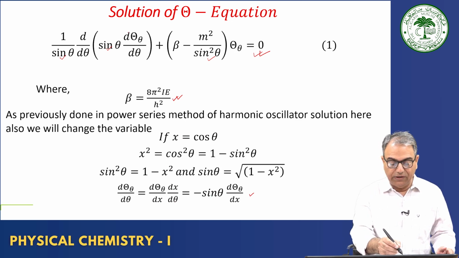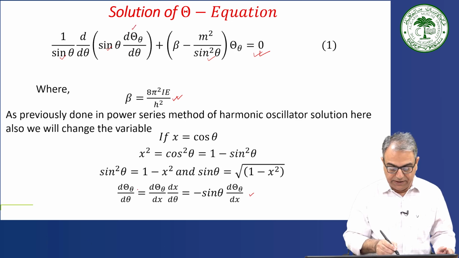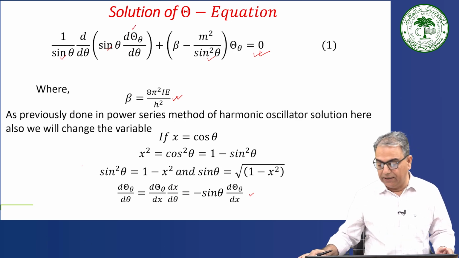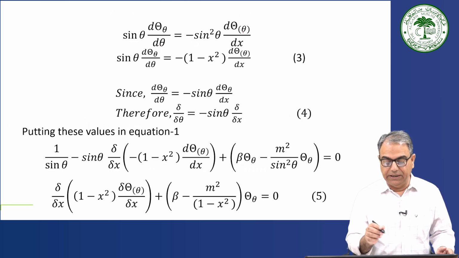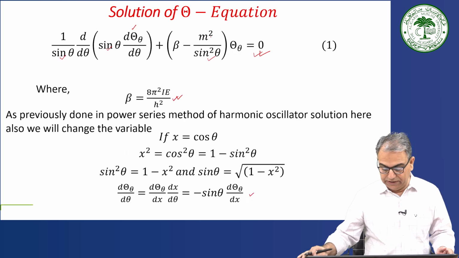Then again multiplying by sine theta, sine theta d theta(theta) by d theta will be minus sine square theta d theta(theta) by dx. Now this equation is equal to minus sine square theta, and sine square theta is 1 minus x square.